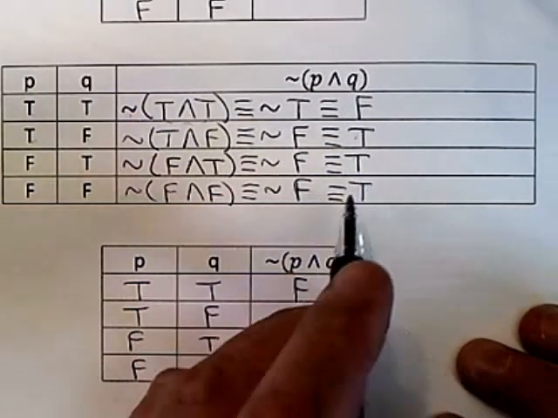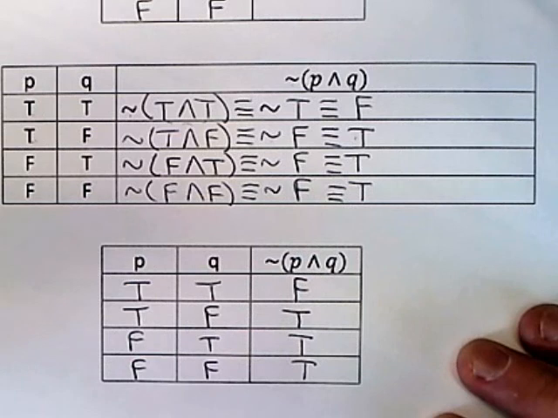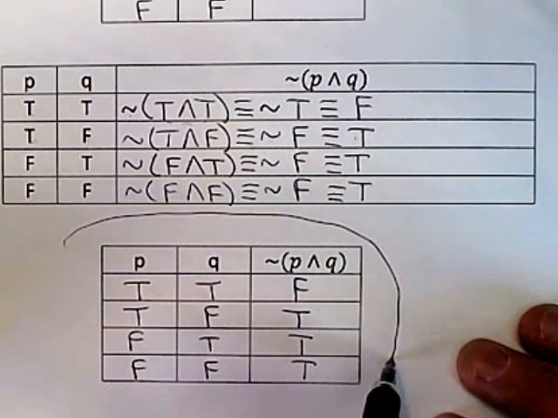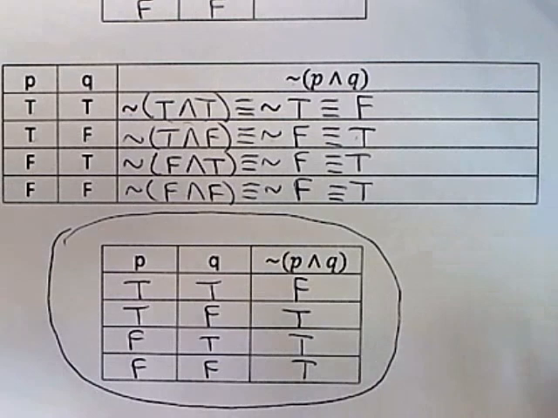And I would have F, T, T, T. So to answer the question, this is the truth table for the original statement. It's not difficult. Take your time, one step at a time. Be careful.